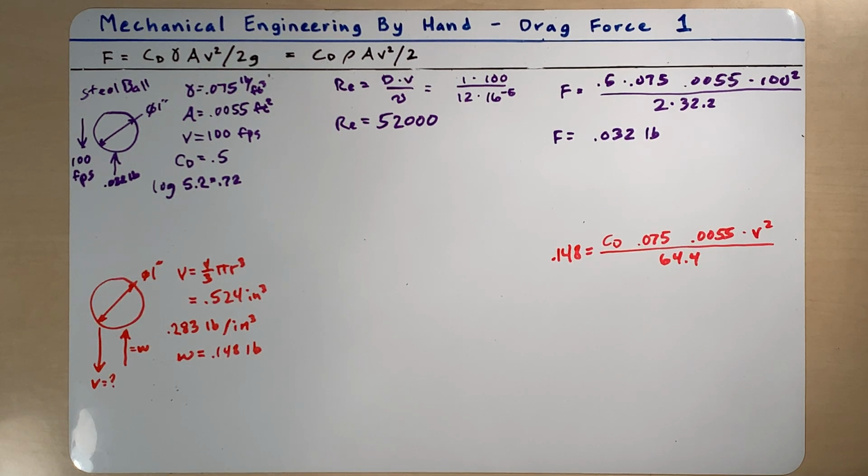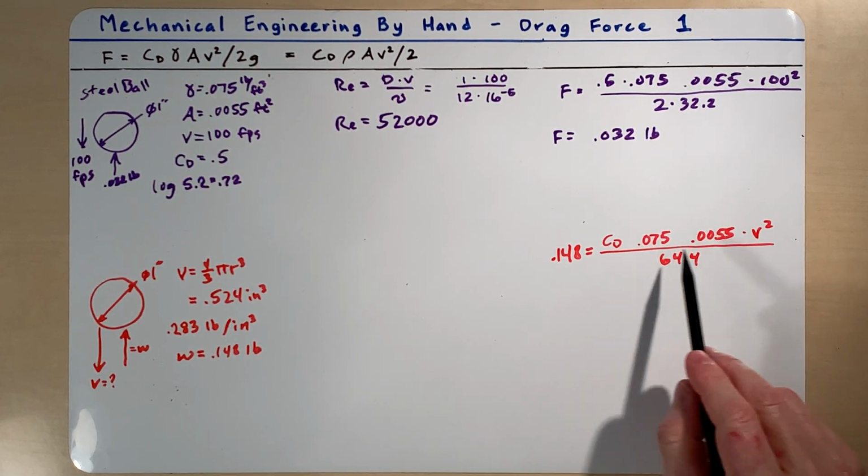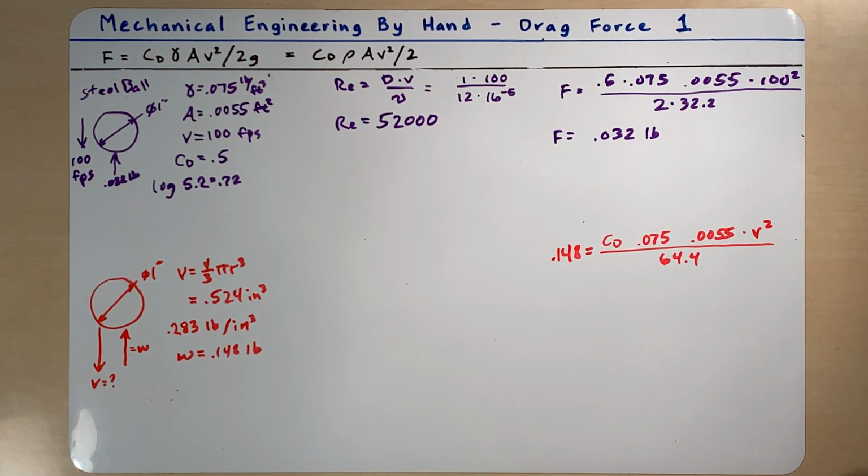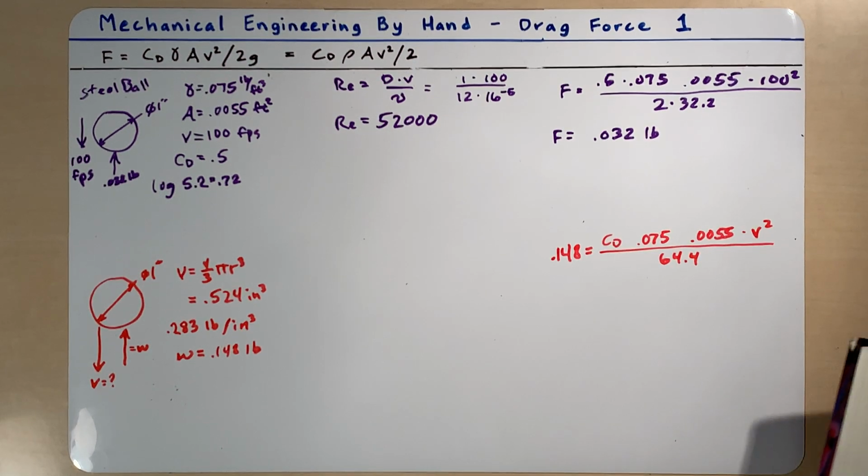Okay, now we have two unknowns here, the drag coefficient and the velocity. So what we'll do is just assume one of these things, and then we'll recheck our result to make sure it makes sense. If it doesn't make sense, then we'll make an adjustment. And we'll keep adjusting it until it makes sense. So it's an iterative process.